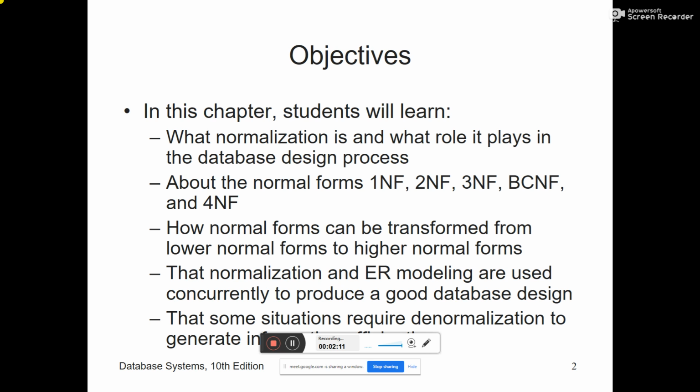The rest of the normal forms I will not discuss, because most of the time we do not require them in our business processes. Also we will discuss denormalization, which is the opposite of normalization, where we deliberately add some redundancy into our tables for the purpose of efficiency.